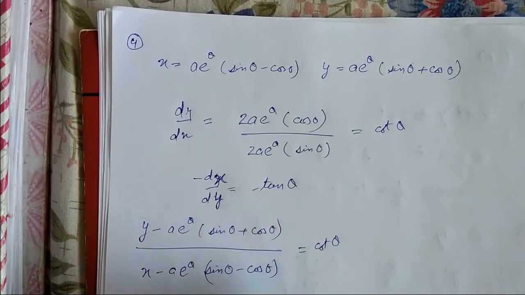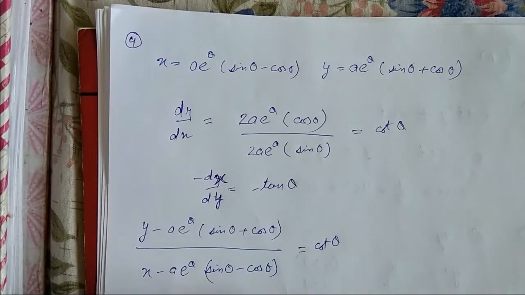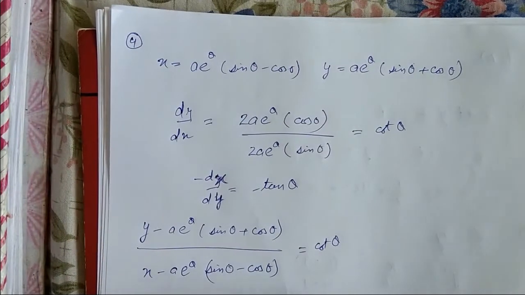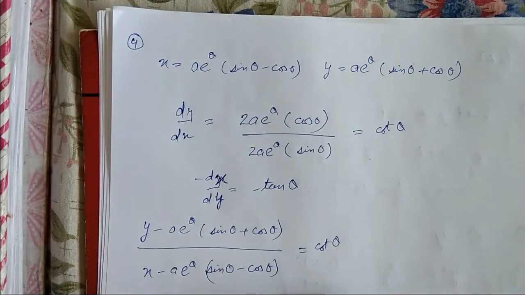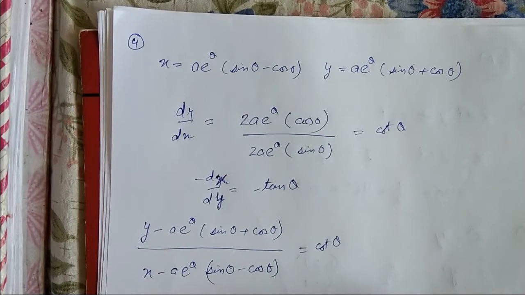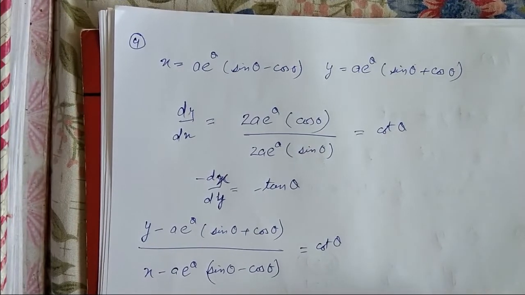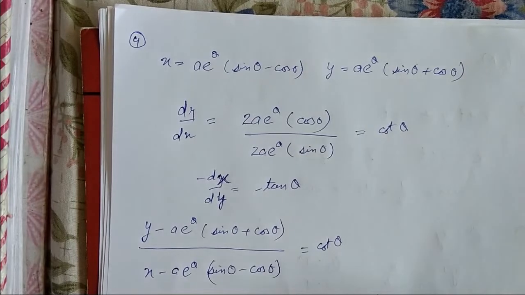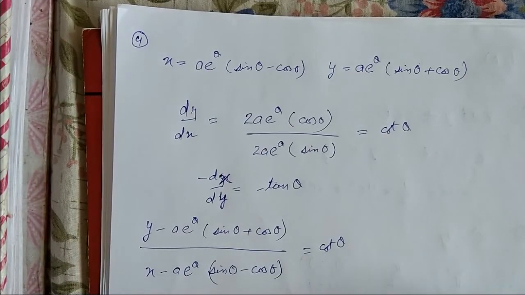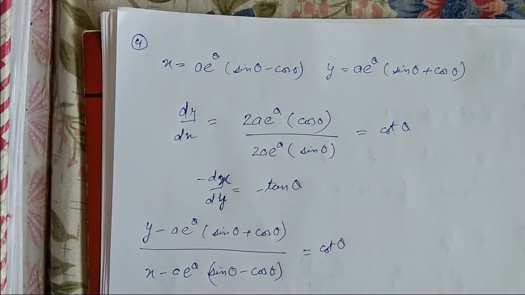So x cot theta minus y plus a e power theta sin theta plus a e power theta cos square theta by sin theta is equal to 0. This is the equation of the tangent.